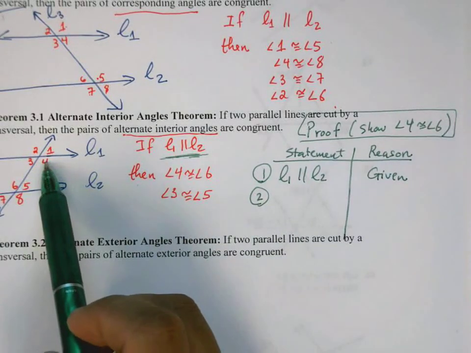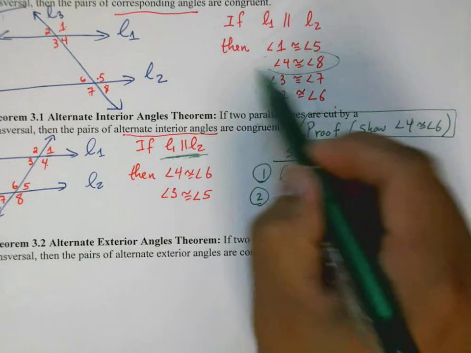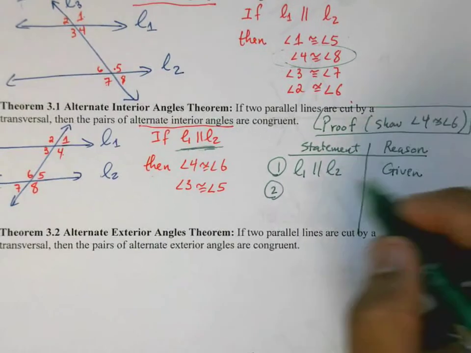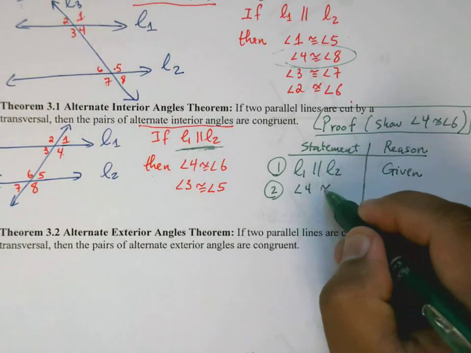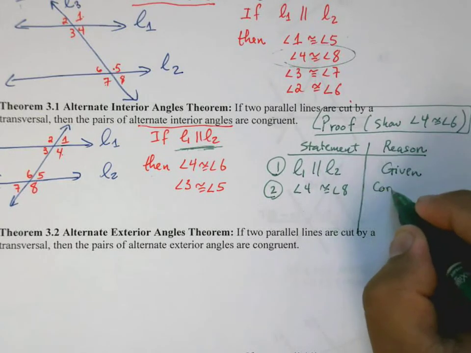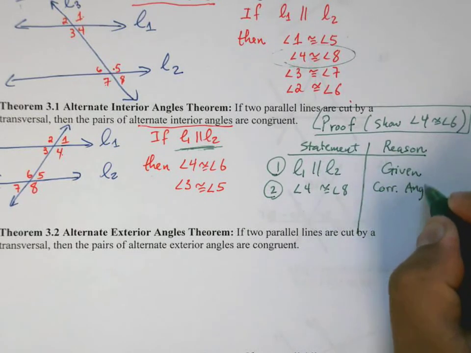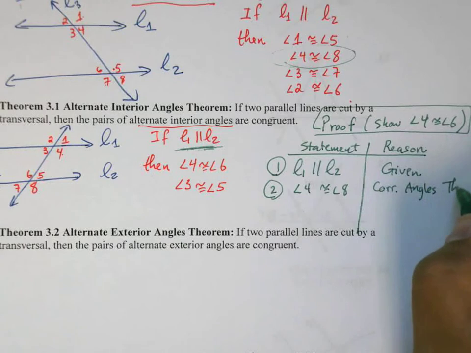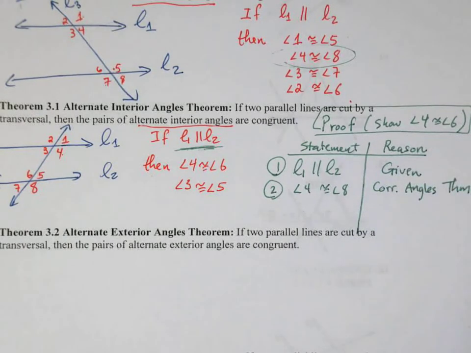This is the part that I'm going to use from up here. So angle 4 is congruent to angle 8 because of the corresponding angles theorem. Now, before we go too far into this, it's important to see kind of the big picture of the proof before we try to write out too many things.